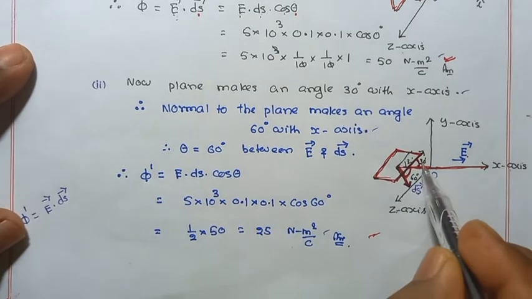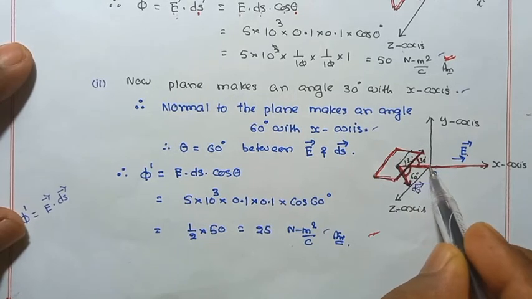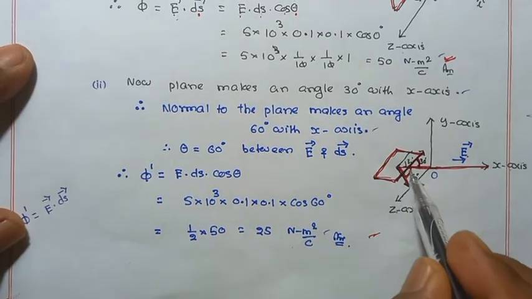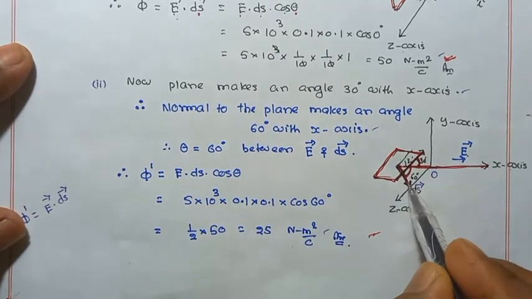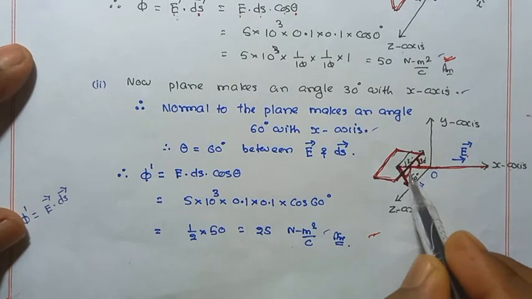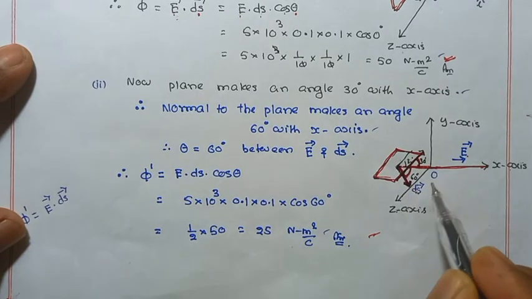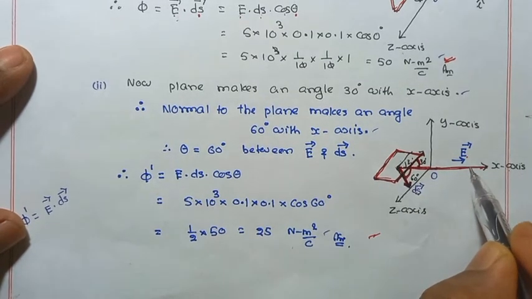Now this is the plane, making 30 degree with the x-axis. This is the normal drawn to the plane, so this normal is the ds vector. This is the electric field vector.